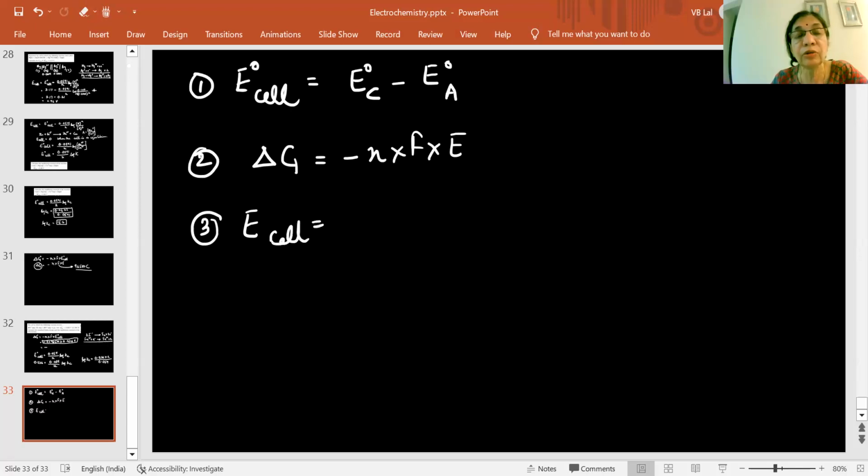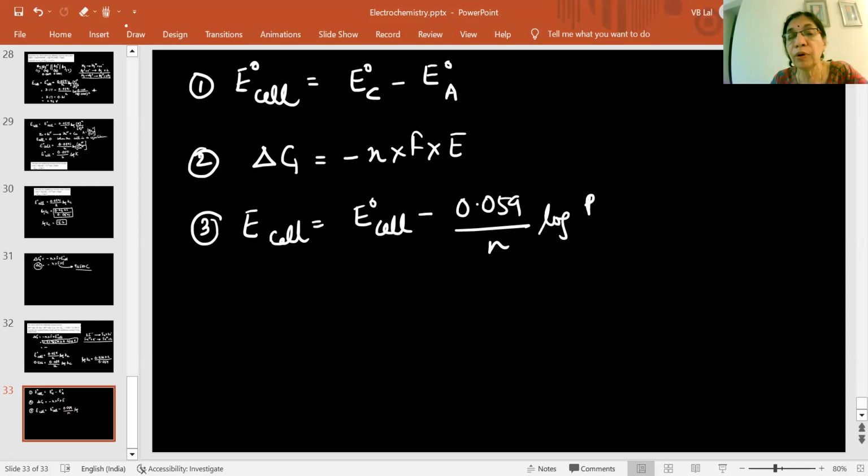E cell is equal to E0 cell minus 0.059 by N log of product raised to its stoichiometric coefficient divided by reactant raised to its stoichiometric coefficient.